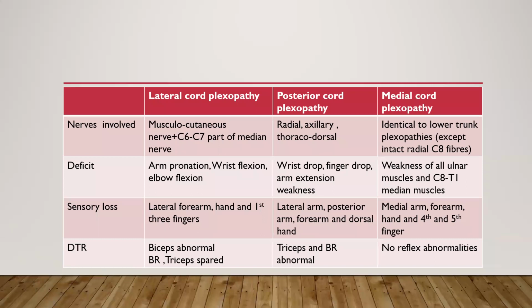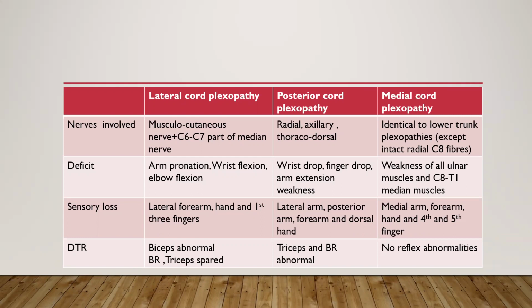That is lateral cord plexopathy. The main muscles are elbow flexion, which is biceps, pronation, pronator teres, and wrist flexion, flexor carpi radialis. Sensory loss will be LABC, lateral forearm, hand and first 3 fingers, that is median nerve. DTR biceps will be abnormal; brachioradialis and triceps will be spared in lateral cord.